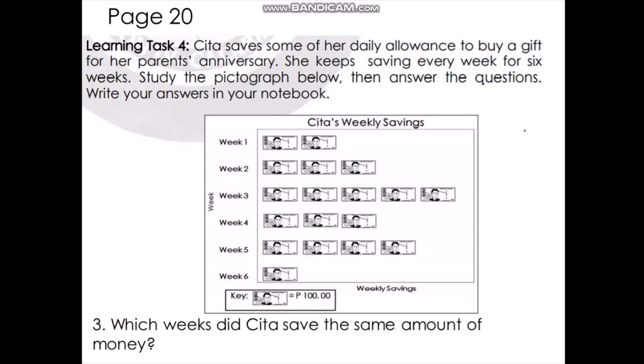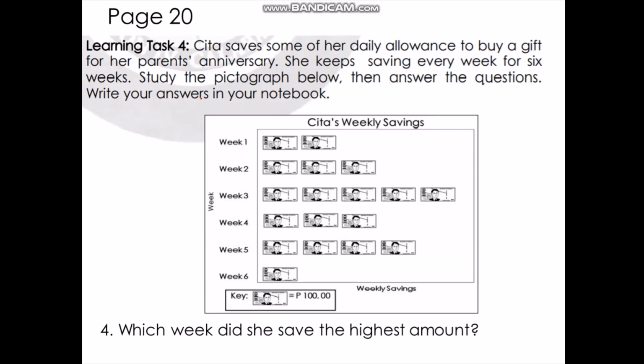Number 3, which weeks did Sita save the same amount of money? The correct answer is week 2 and week 4. Why? Because they are the same, 300. They have the same worth, 300. Next, number 4, which week did she save the highest amount?